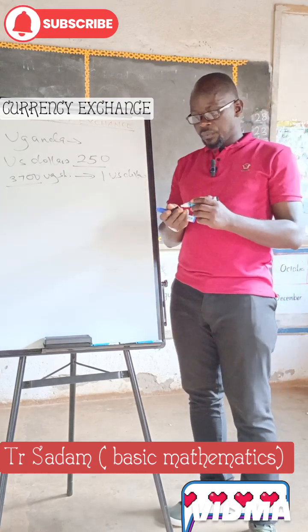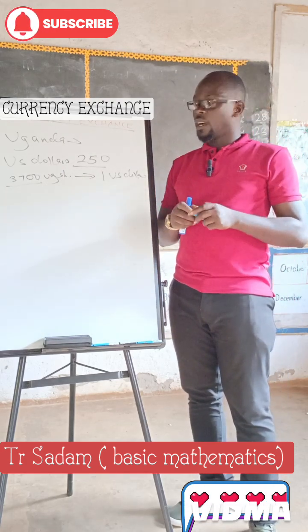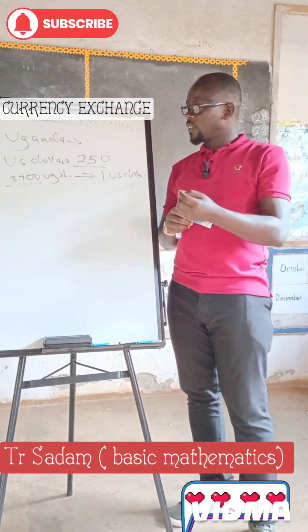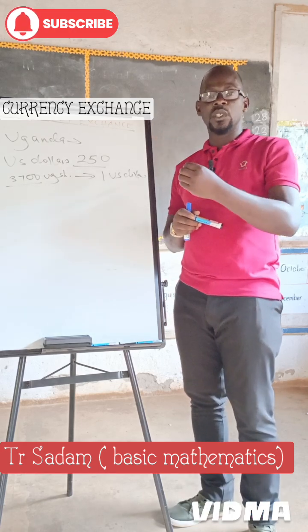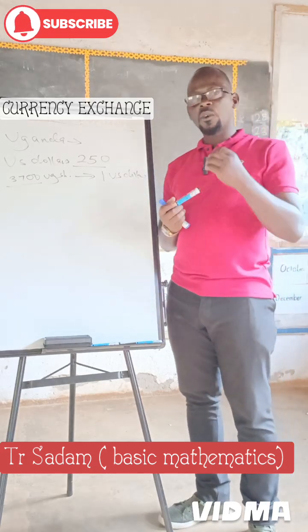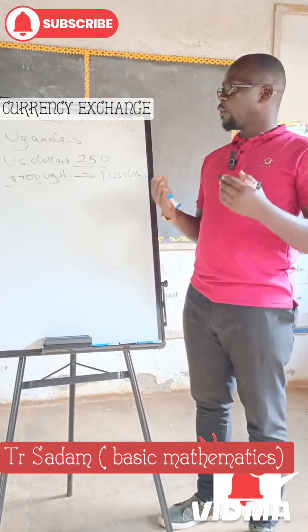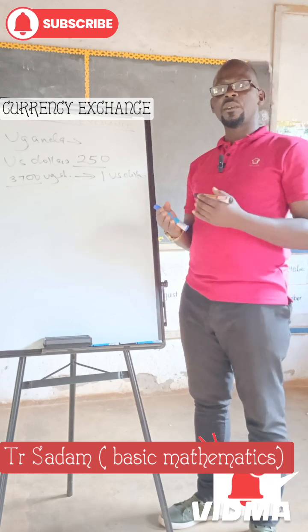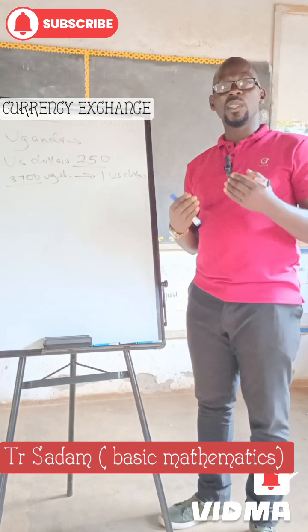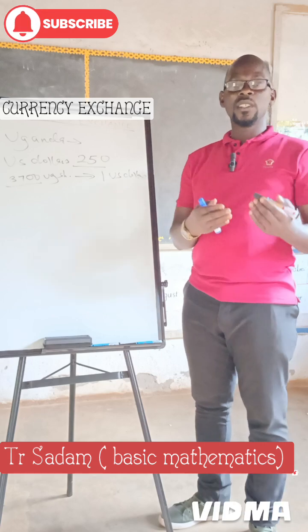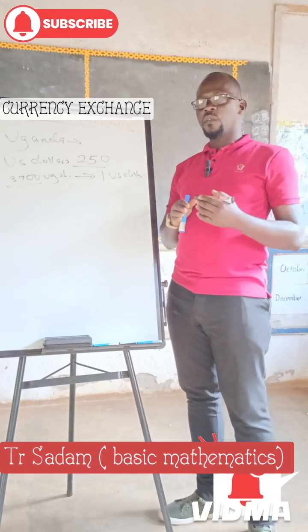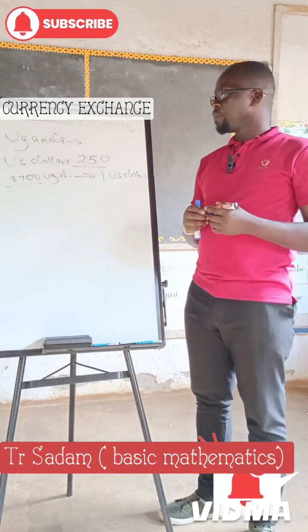Sometimes, depending on the period, you find that for you to buy the US dollars or for US dollars to be sold to you, it depends on the period of time. The cost is not permanent. Now, you will find a period whereby 3,700 Ugandan shillings buys $1. But the period will reach that even 4,000 shillings buys the US dollar, which is 1, meaning that it keeps on varying from time to time.